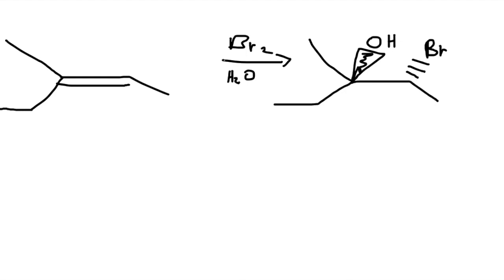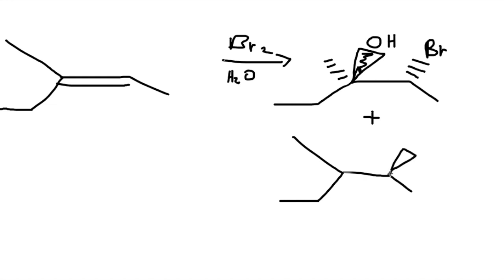So in fact, we would change the methyl group on the alcohol over here, and we would put a dash. So since this is always an anti-addition, we would have an enantiomer of it. Okay.